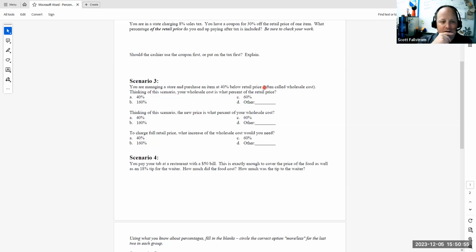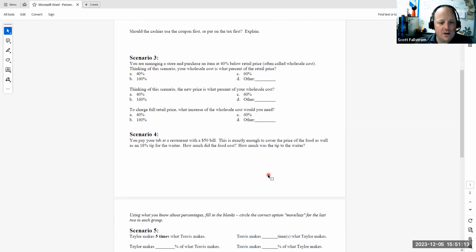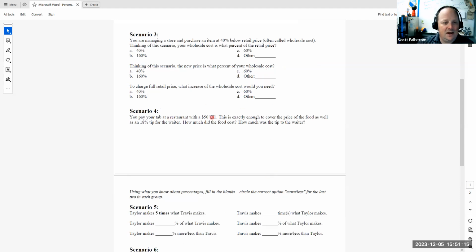That's the idea for these. And then at the end of the day, when you look at it, now how do I get from that wholesale cost? What do I multiply by to bring that up? That's where we get to use what we were just doing here, solving. Use your calculator as well. Here we go. 80. Let's see here.